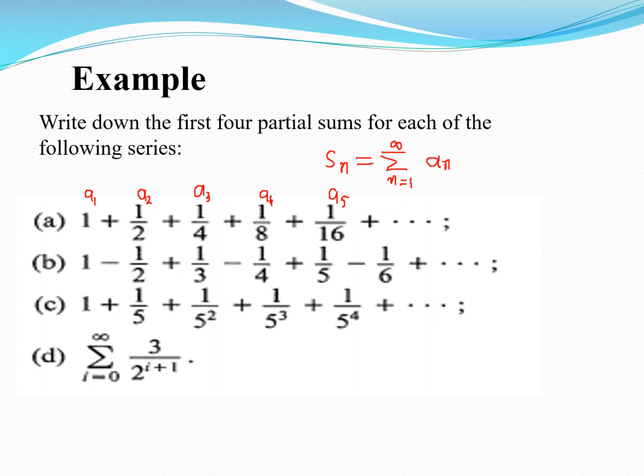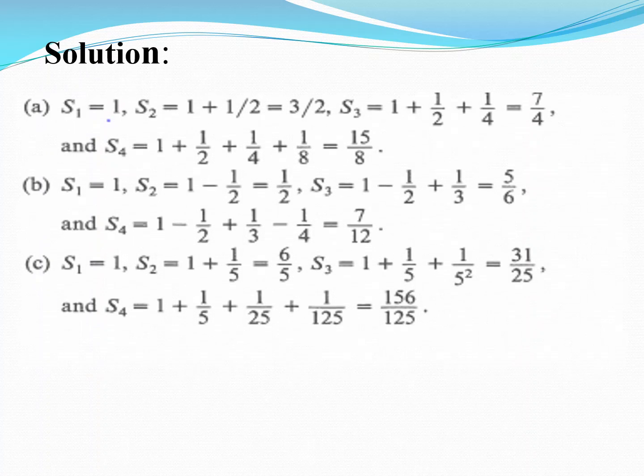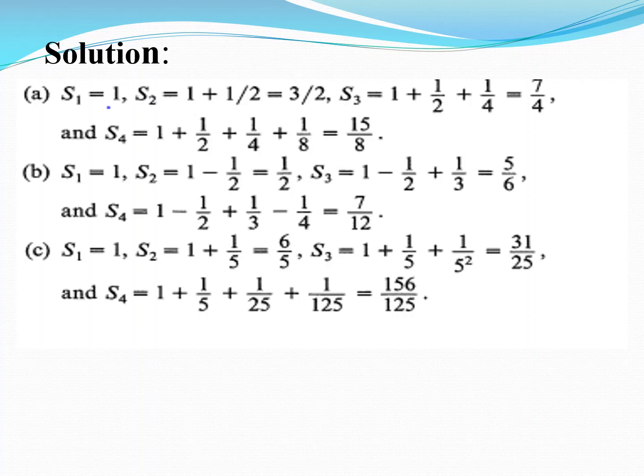Let's see the first four partial sums of each of the given series. S1 is 1 in part A, S2 is the sum of the first two terms, which is 3 by 2.